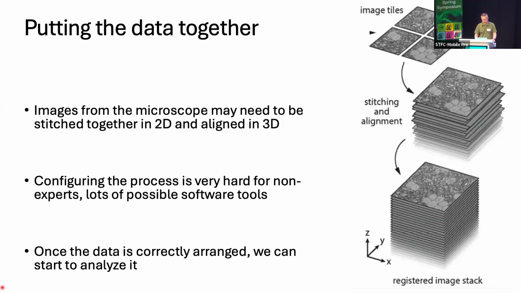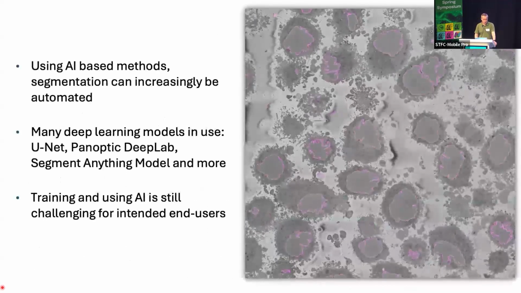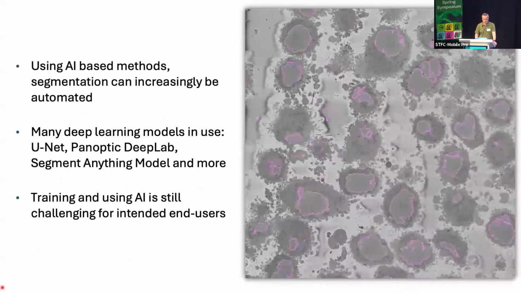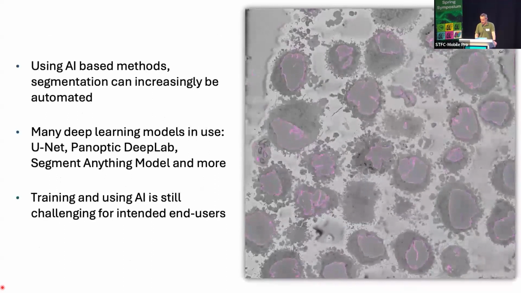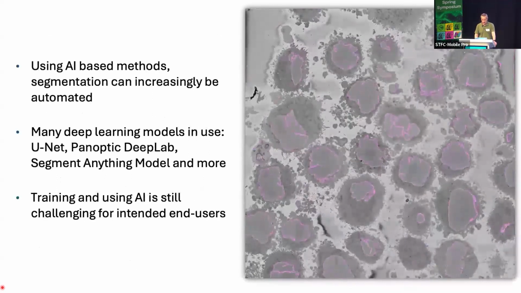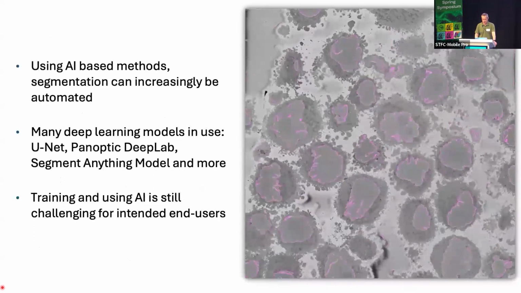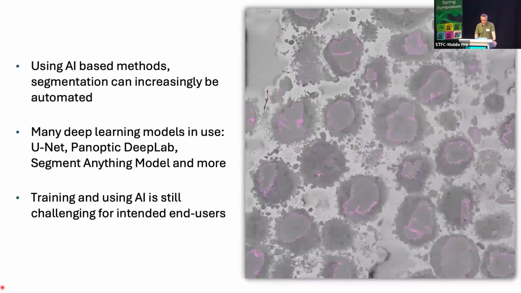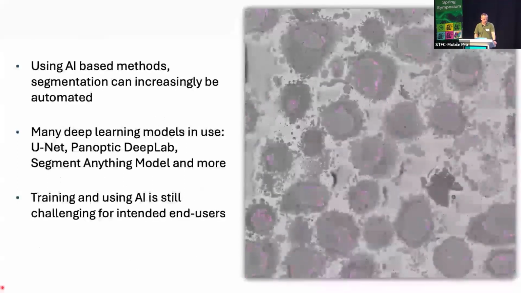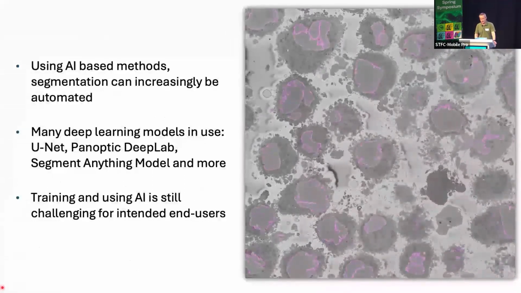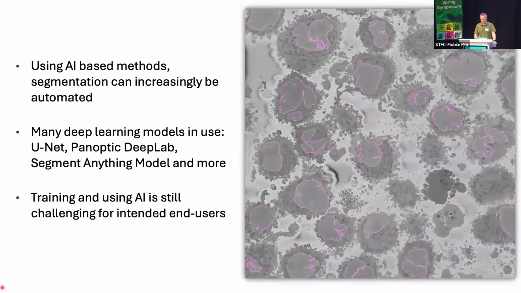The sorts of processing we commonly do, and we've seen a couple of really nice examples earlier in the context of in situ, are things like segmentation. We're increasingly using these AI-based methods. So here's data scrolling through a pellet of HeLa cells. The magenta lines are deep learning predicted nuclear envelopes. The community uses quite a lot of different AI models. I'd say the Connectomics and volumeEM community is one of the early adopters of this sort of method, and I think is doing pretty well with it.